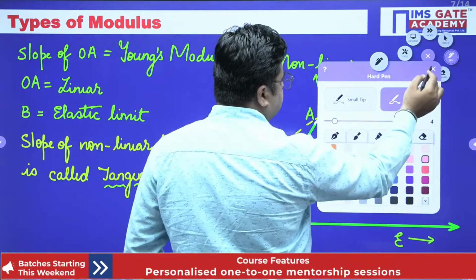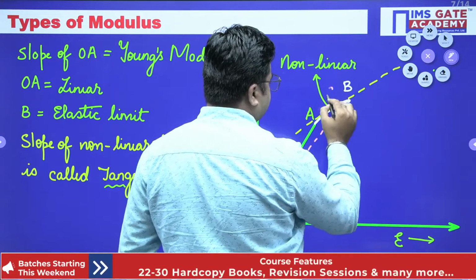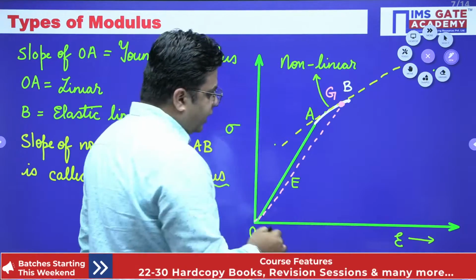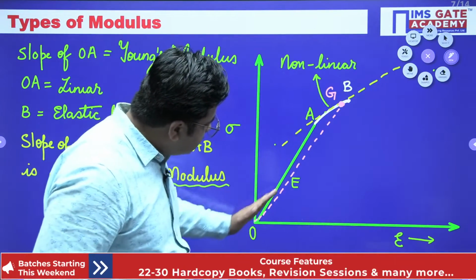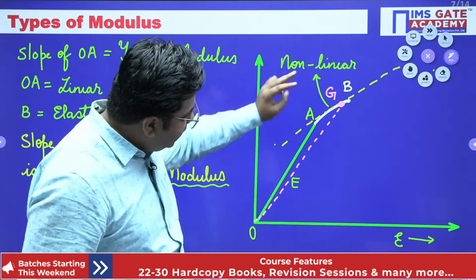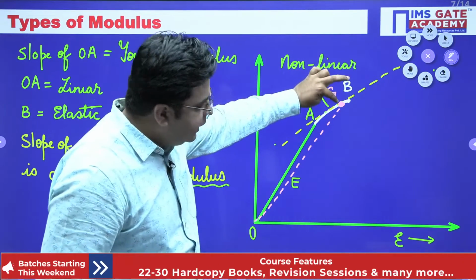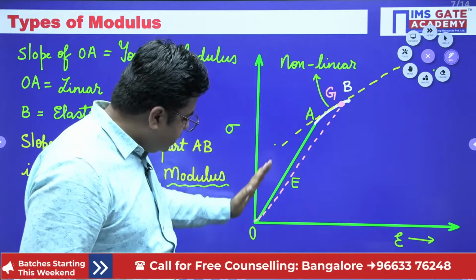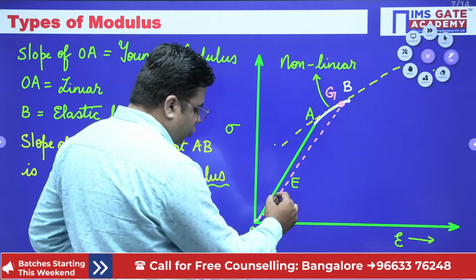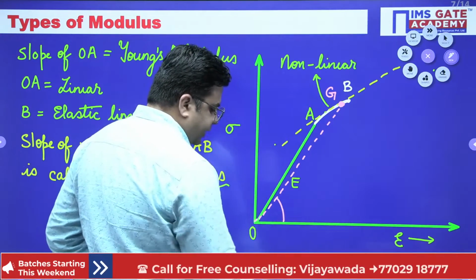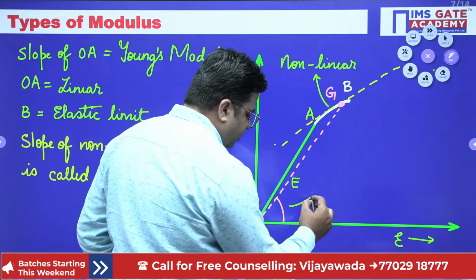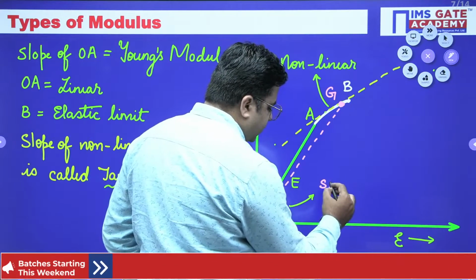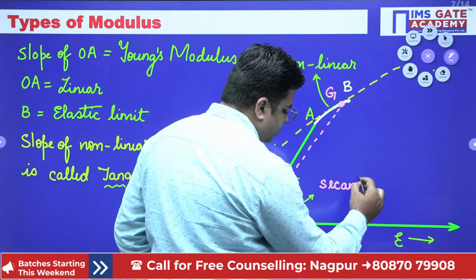Say this point is some point G. The slope of this line joining the point on the non-linear part with the origin, this slope is termed as your secant modulus.